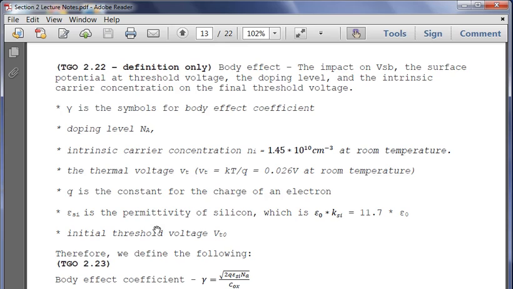We have to worry about the doping level, which we'll define as Na, and we symbolize the body effect coefficient. So down here, we'll talk about the definitions. We know q is the constant charge of an electron. ESI is the permittivity of silicon, which before now we were talking about SiO2, which is 3.9. Here we're going to define it as 11.7 times the permittivity of free space, and our initial threshold voltage.